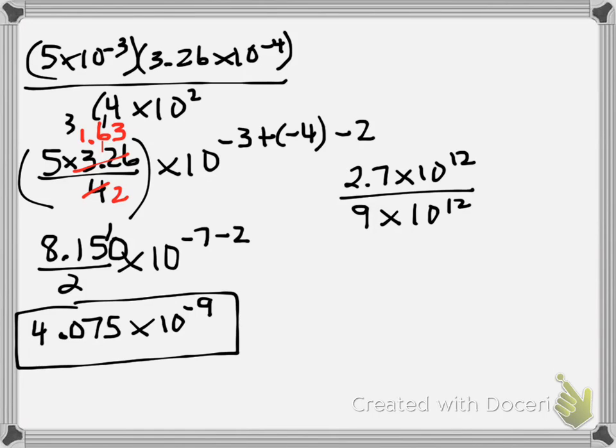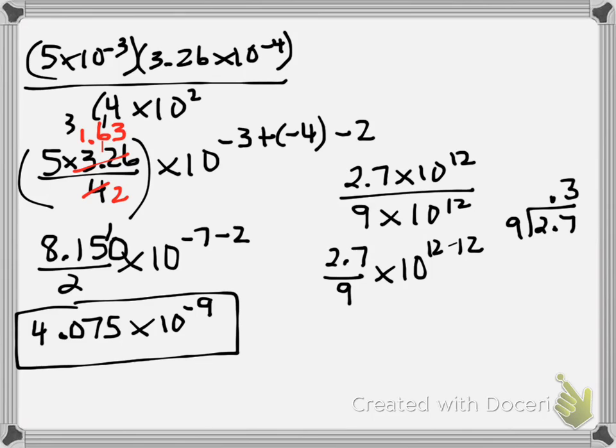So what I'm going to get is 2.7 divided by 9 times 10 to the 12 take away 12. So off to the side, I'm going to do my division, and I get 9 goes into 27 3 times. So I get 0.3 times 10 to the 0 power.